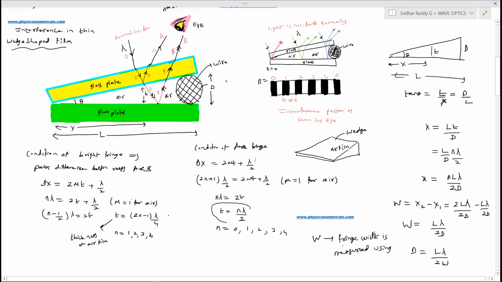It is measured using a traveling microscope.